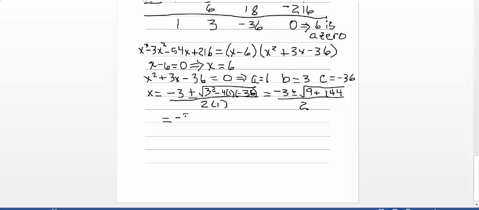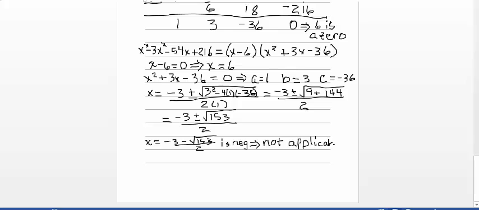Well, this equals negative 3 plus or minus the square root of 153 over 2. So x would be negative 3 minus the square root of 153 over 2. The problem told us to round. This is negative. So negative 3 is already negative, and if I subtract whatever the square root of 153 is from that, then I know I'm going to get an even more negative number that's going to be divided by 2.